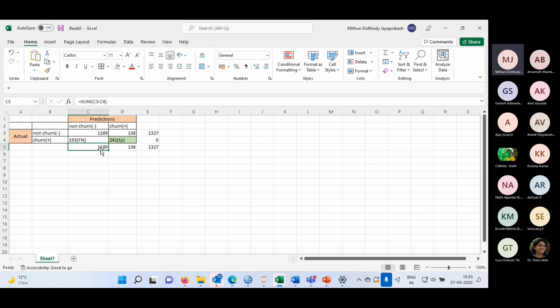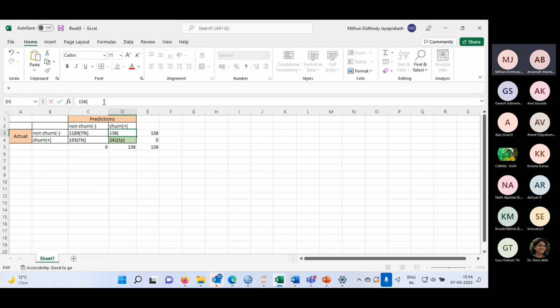Now, just as you have true positive, also see this number. He is actually a non-churner. My model also has predicted him as a non-churner. You have to call this true negative. Truly, the model is indicating a negative person is negative. Are we clear with this? Right? Next, what do you have? Positive, correct? He is actually a negative. My model is saying that he is positive.